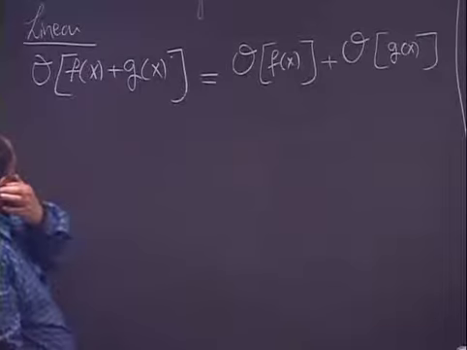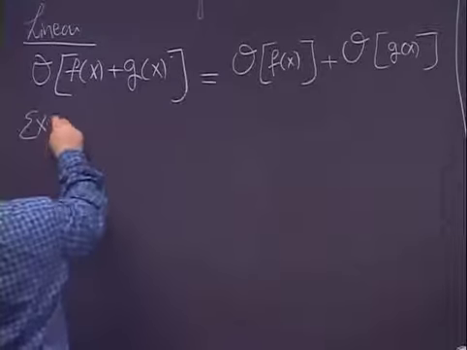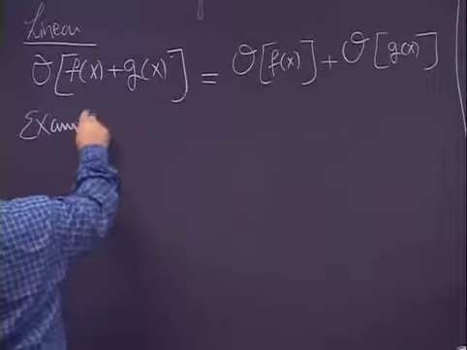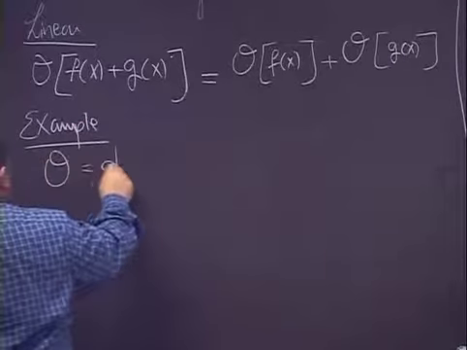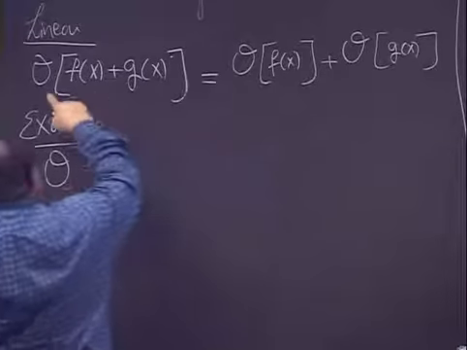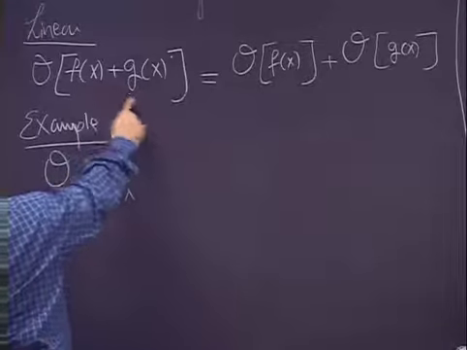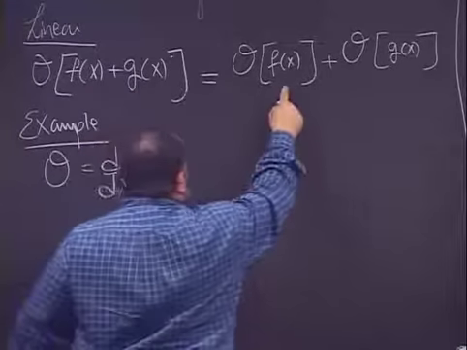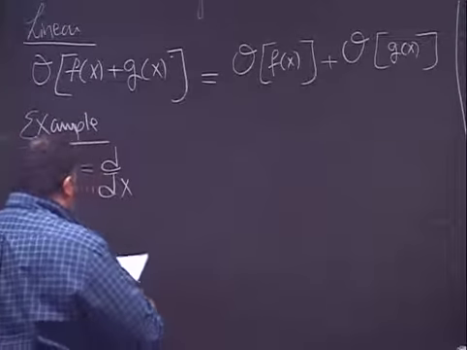Can you give me an example of a linear operator? Yeah, the derivative. If O is equal to d by dx, it is linear because if you differentiate two functions added together, like f of x and g of x, it will be the differentiation of the first function plus the differentiation of the second function.